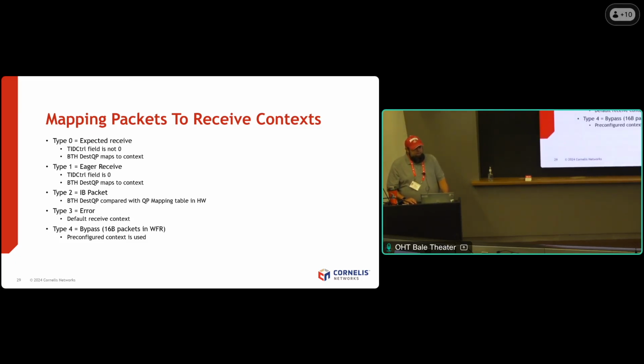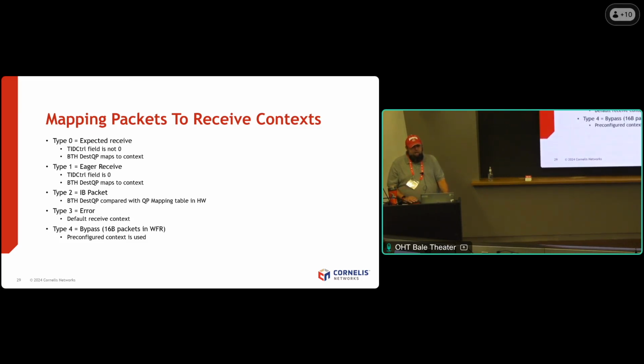We also have a type of packets called bypass packets. These were predominantly used in Wolf River for 16B packets. Wolf River only supported 9B packets in hardware, so 16B packets bypass the chip.